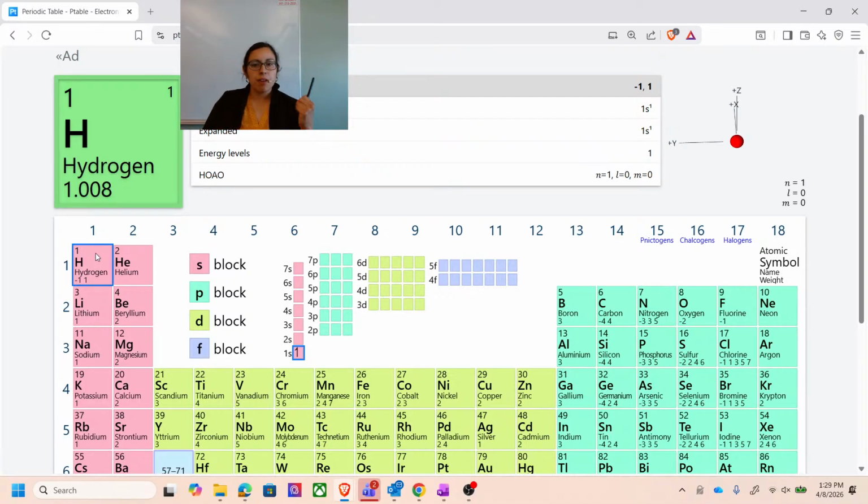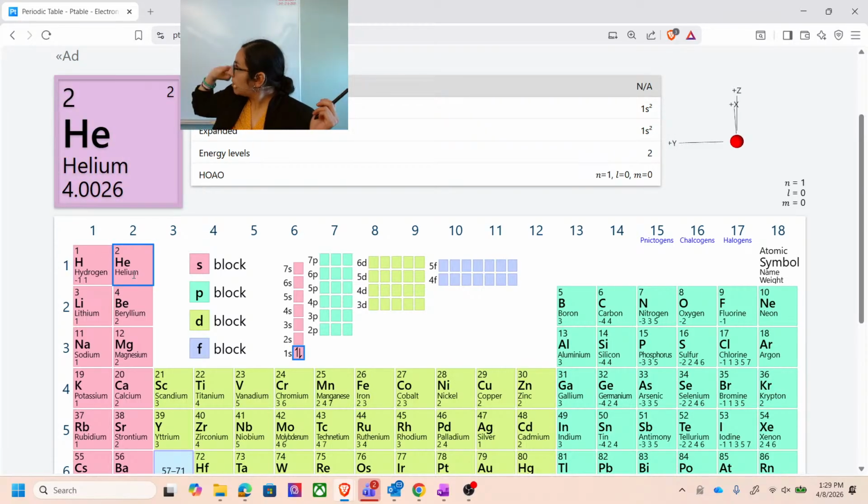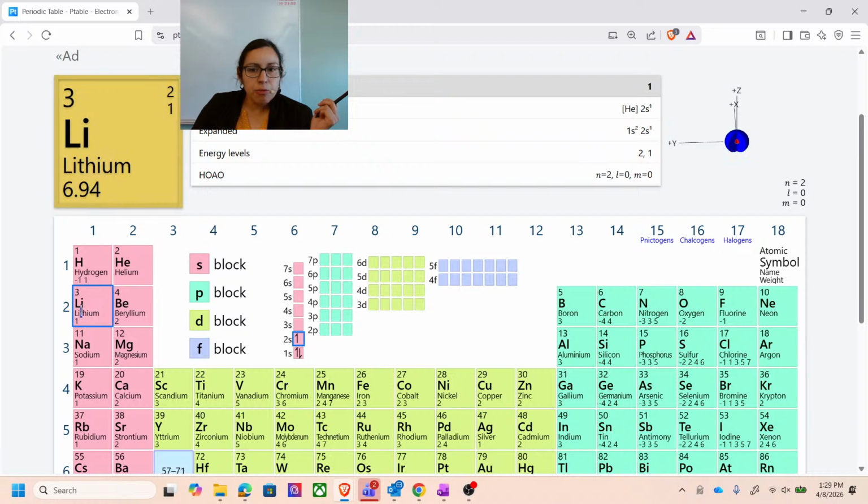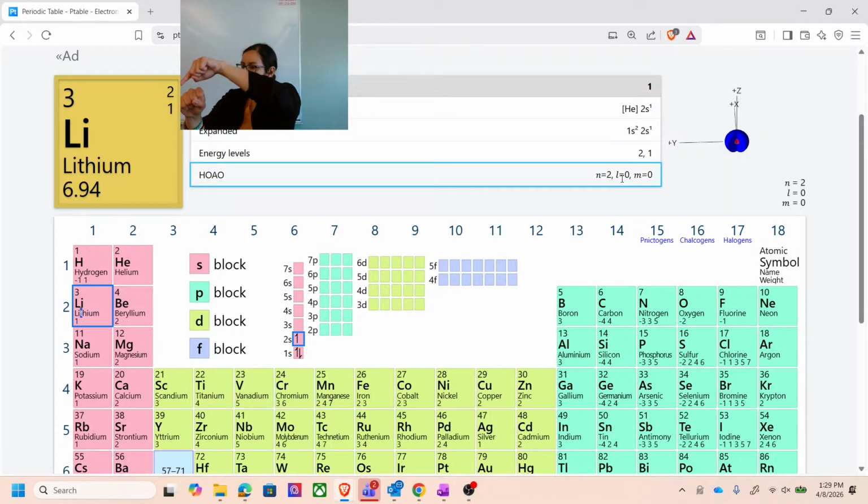Helium, same thing, we're just filling up that one S. Then if we click on lithium, I know it's hard to see, and you might have to see it on your own computer, I don't know why I can't zoom in, but there's a small red circle. It's saying those are your core electrons, your 1s2 now in the center. And then technically there's a node, an area of no electron density, and then there's another onion ring around it.